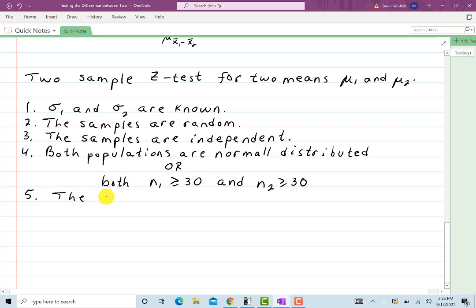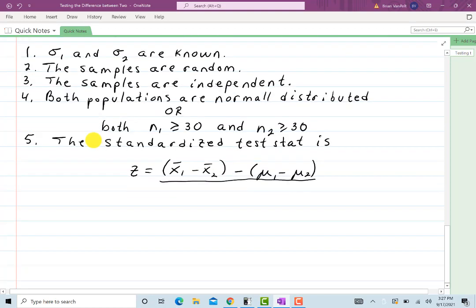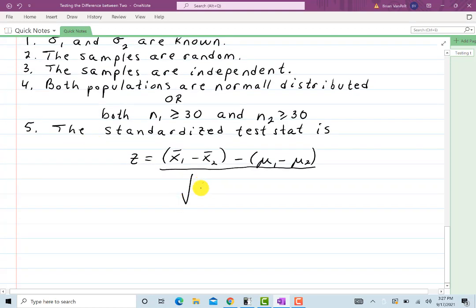The standardized test stat is z equals x1 bar minus x2 bar minus mu1 minus mu2 all over the square root of sigma 1 squared over n1 plus sigma 2 squared over n2.